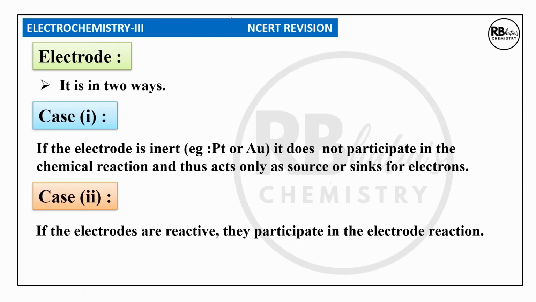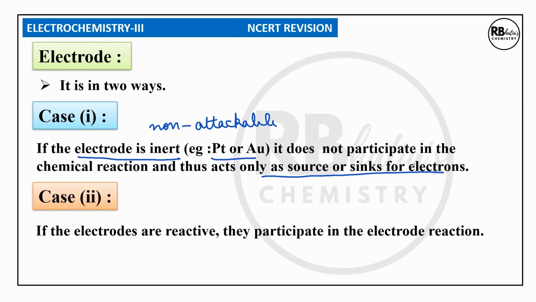Now we have two kinds of electrodes. One are the non-attackable or inert electrodes. These are inert, means they do not participate or compete in the reaction. Generally, less reactive metals like platinum or gold act as non-attackable electrodes, and these can act only as sources or sinks of electrons.